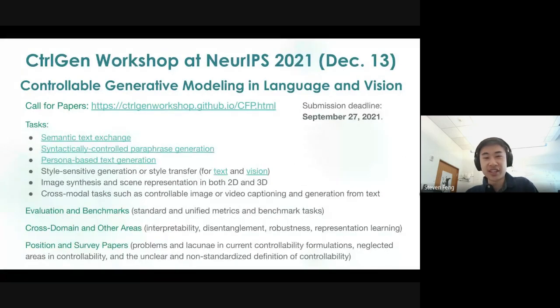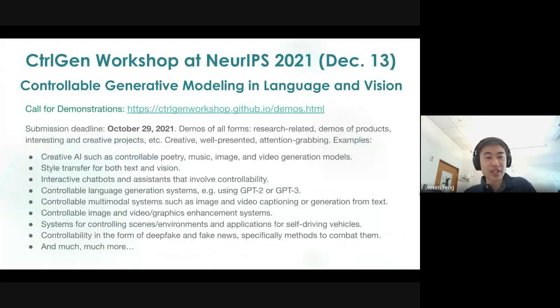We also look at different controllability tasks like semantic text exchange, style transfer, image synthesis, as well as cross-modal tasks such as image captioning, evaluation and benchmarks, and cross-domain work, for example in interpretability, disentanglement, and representation learning, as well as position and survey papers, especially ones which look at areas which have been neglected in controllable generation.